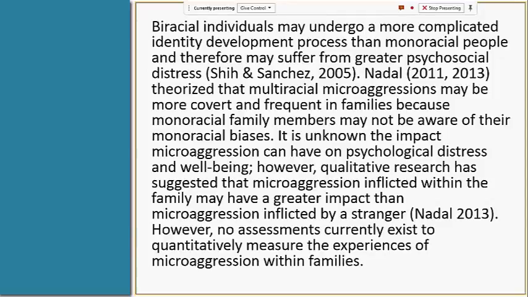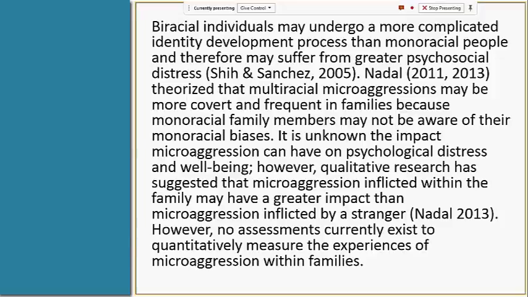Biracial individuals may undergo a more complicated identity development process than monoracial people, and therefore may suffer from greater psychosocial distress. Nadal theorized that multiracial microaggressions may be more covert and frequent in families because monoracial family members may not be aware of their monoracial biases.